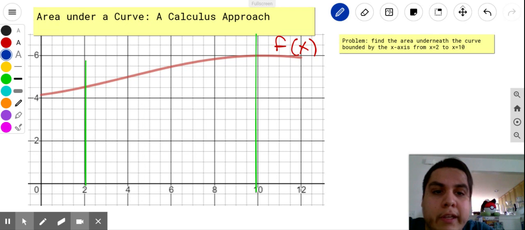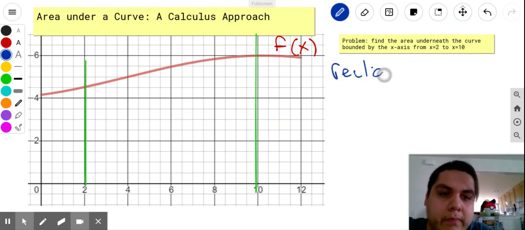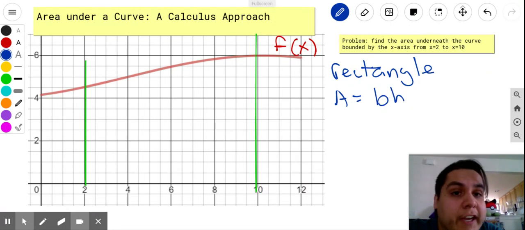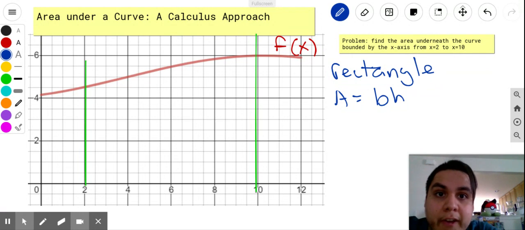Because I know to find the area of a rectangle, the area is equal to base times the height. So if I can identify the base and if I can identify the height, then I can just find the area right there.